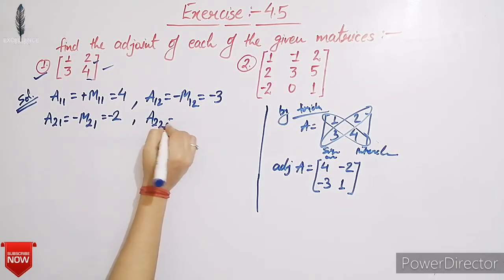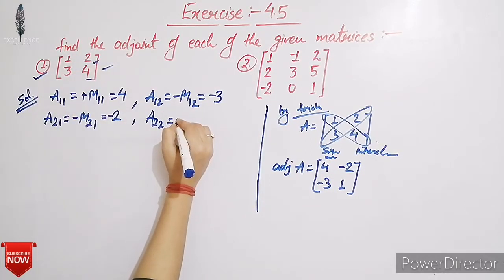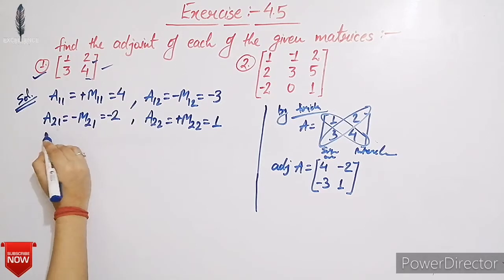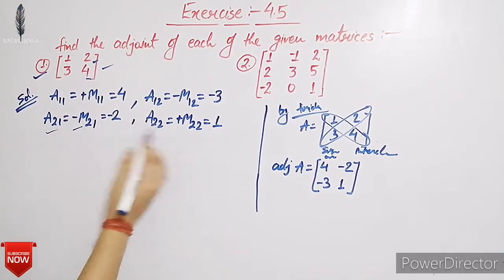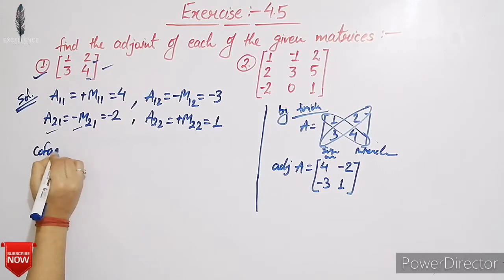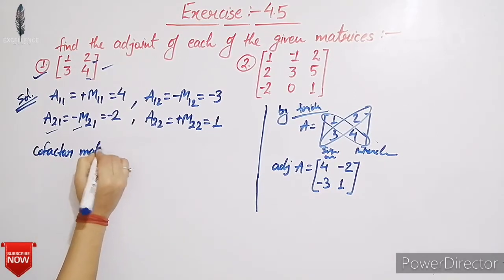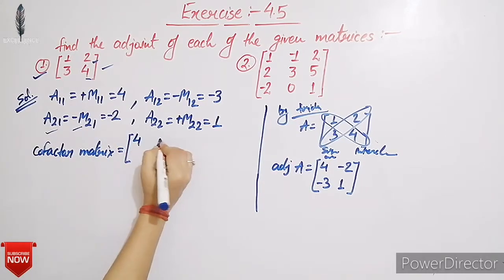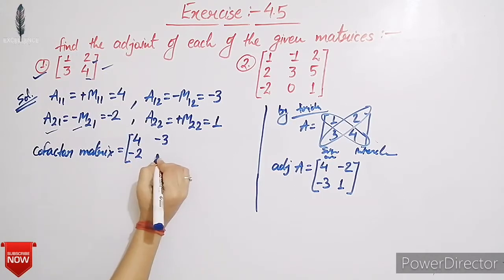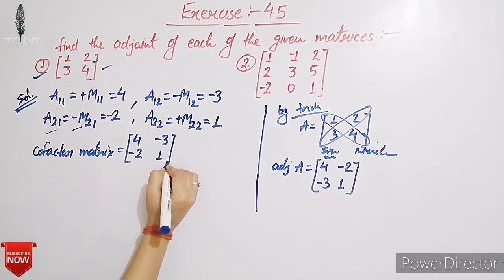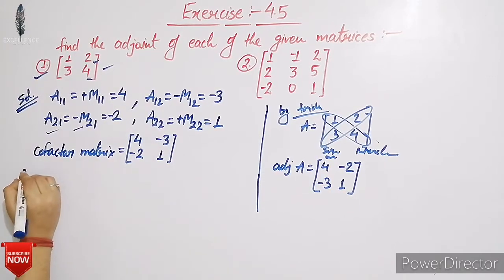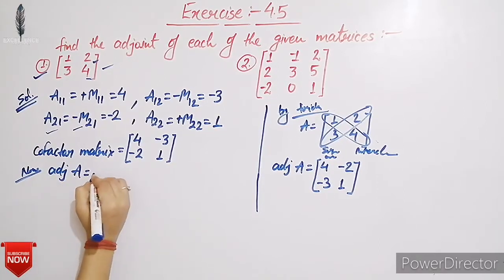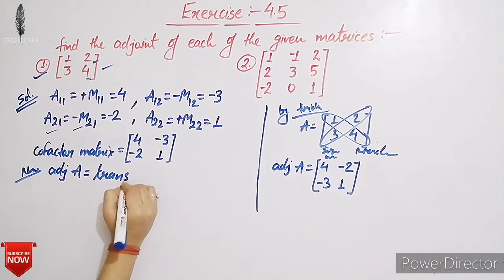And last, A22 is positive M22, that is, on blocking the second row and second column, 1. If you have any problem finding the cofactors, then you can see the previous class for better understanding. So here the cofactor matrix is equal to A11 is 4, here minus 3, minus 2 and here 1. Now adjoint of A is equal to the transpose of the cofactor matrix.